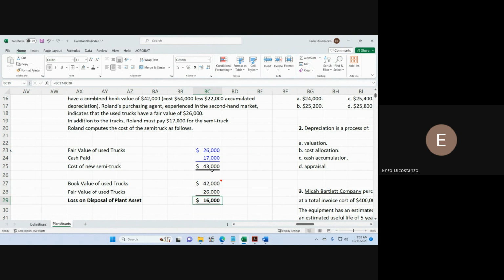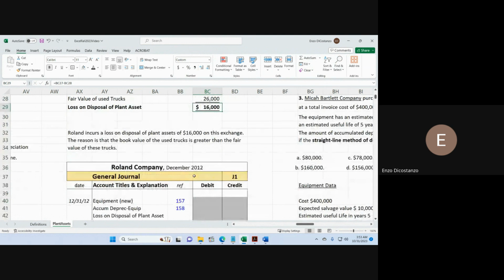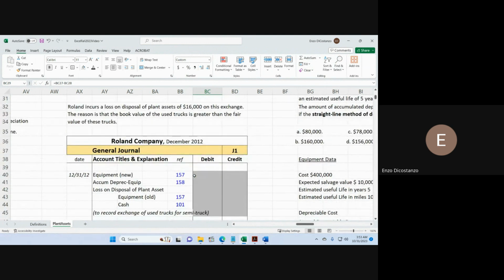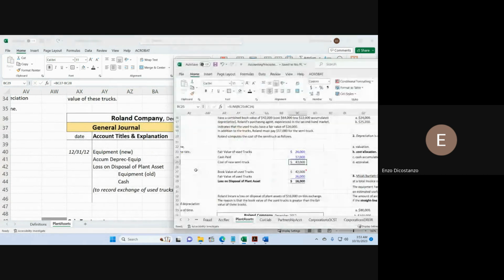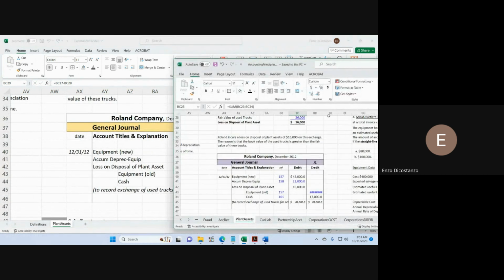So what do we do with this thing? The book was 42. The fair value is 26. So the loss would be that 16. And then we have to journalize, how to show this in the journal.